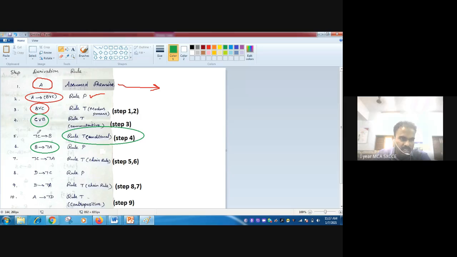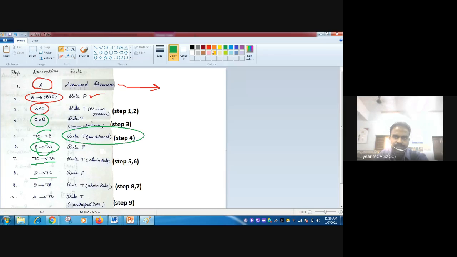See here, negation C goes to B, then B goes to negation A. Therefore, we can immediately write negation C goes to negation A. So this is by chain rule. Then D goes to negation C, rule P, that is a given premise. Then rule T, once again chain rule for 7 and 8. How has the chain rule been applied?